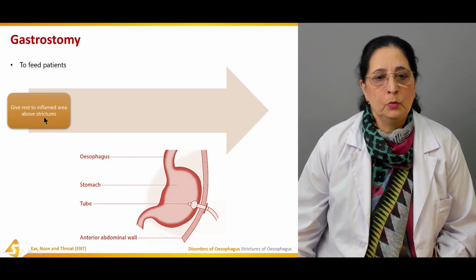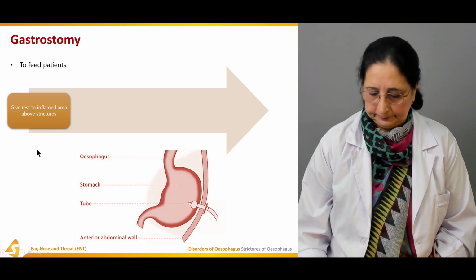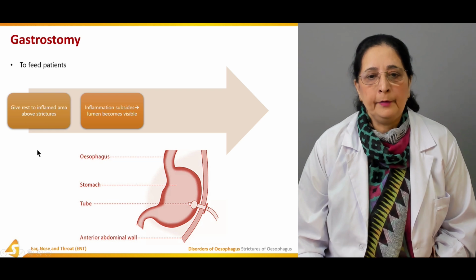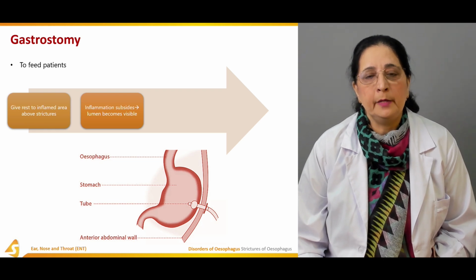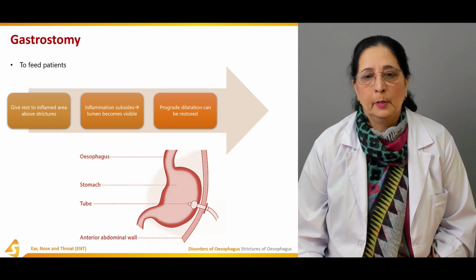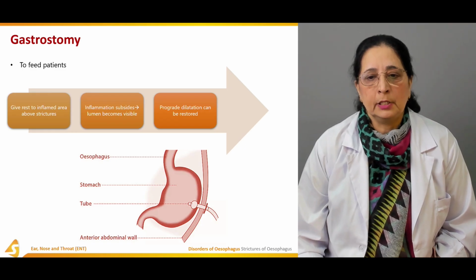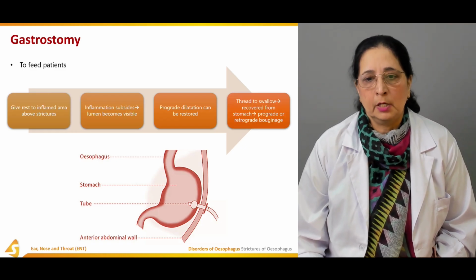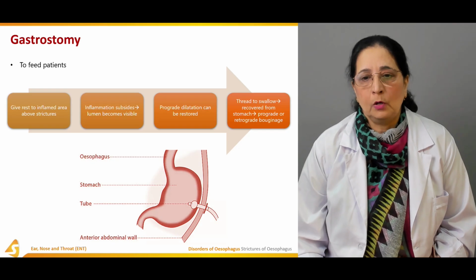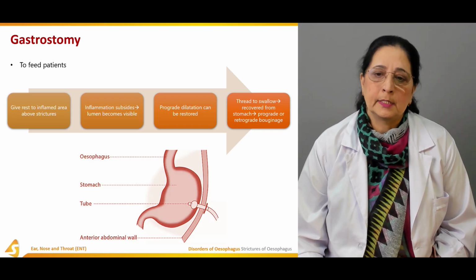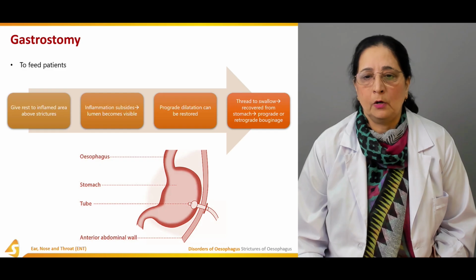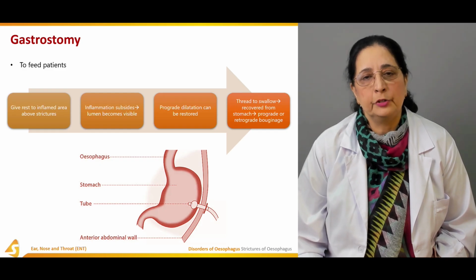It also gives rest to the inflamed area above the strictures. Inflammation subsides, and the lumen becomes visible. Prograde dilatation can be restored, and the ability to swallow recovered, with prograde or retrograde bougienage from the stomach.